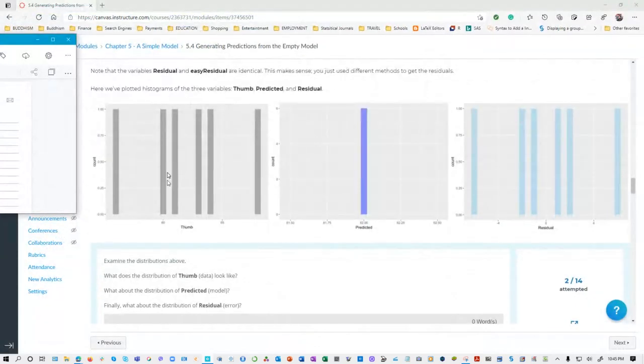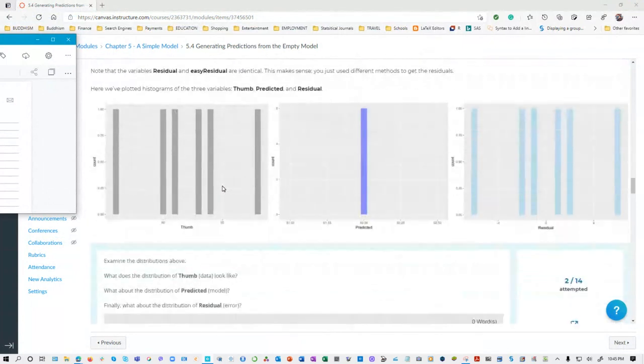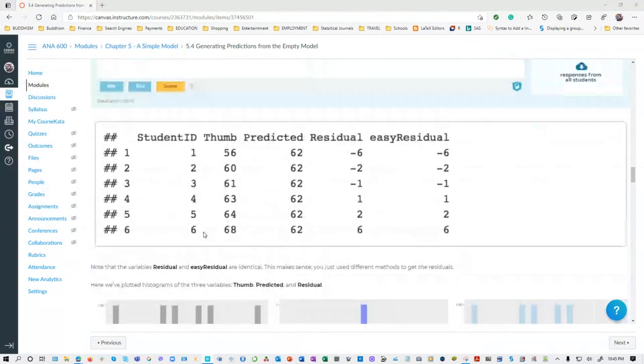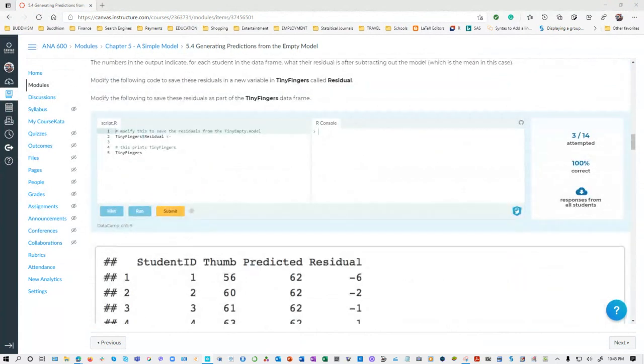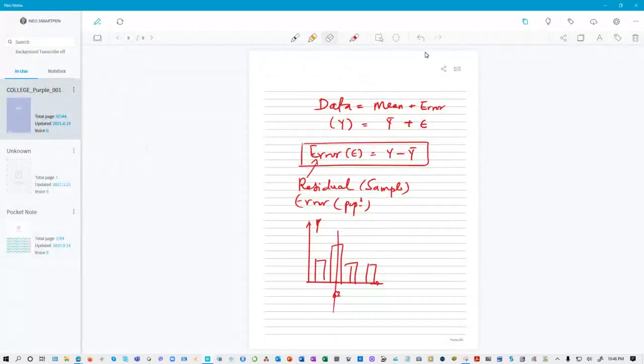I think 61 point something average, predicted value. Okay, the residual. This is for the tiny data. Tiny fingers 62. And that's for y, that's for the thumb.